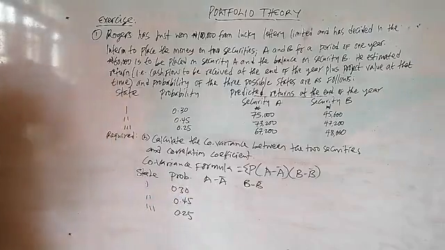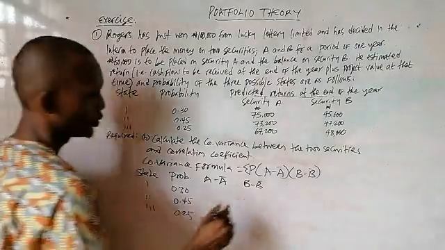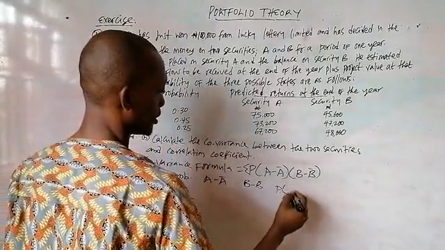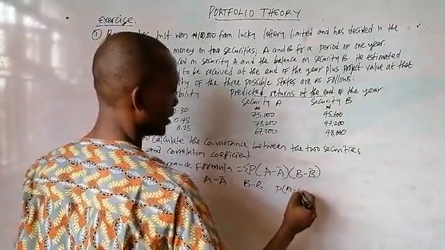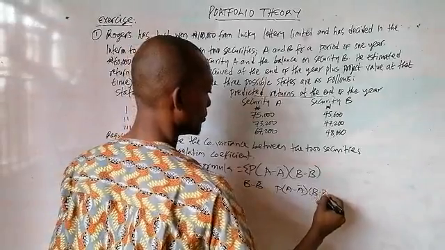So what do we have under A minus A bar in what we just solved?